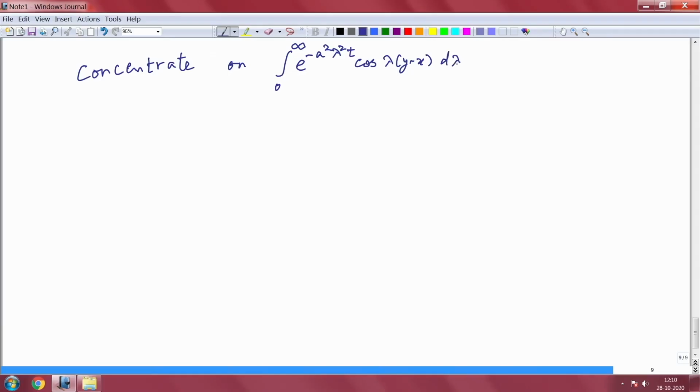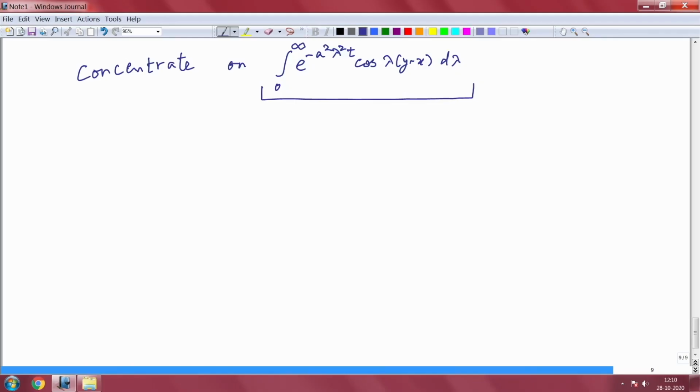Here the initial function g is not at all involved. It is an integral only in terms of known functions, exponential and cosine. Let us see what simplification we can do.